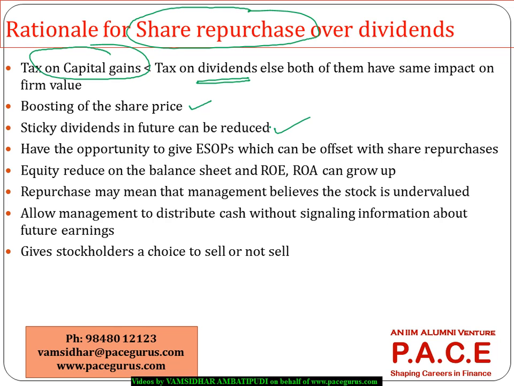So whosoever have surrendered, they get the benefit, and the share price for the others actually goes up, and the company can avoid that pressure of paying more and more dividends in more profitable scenarios.